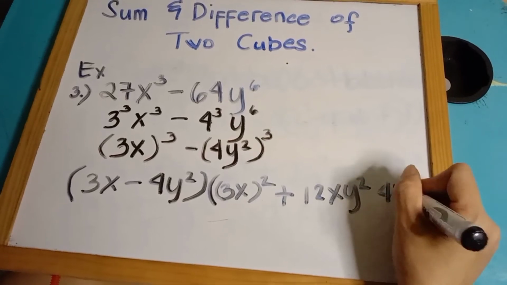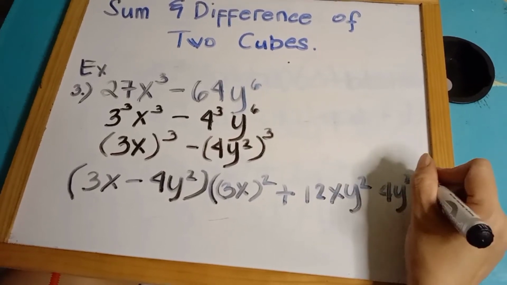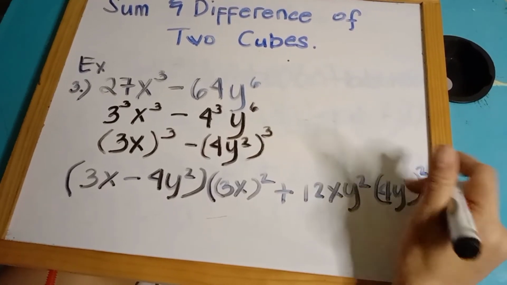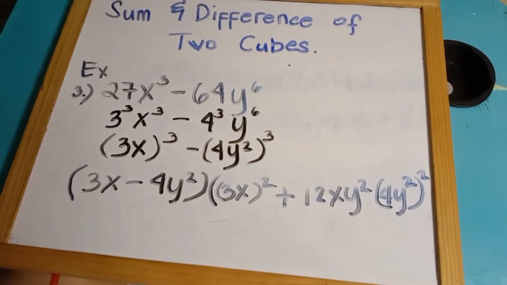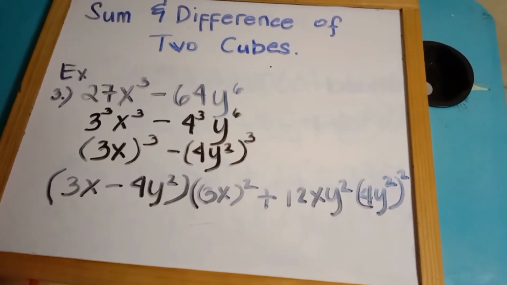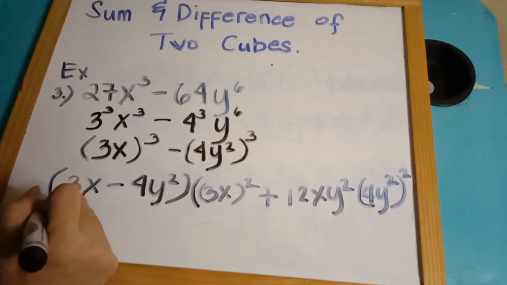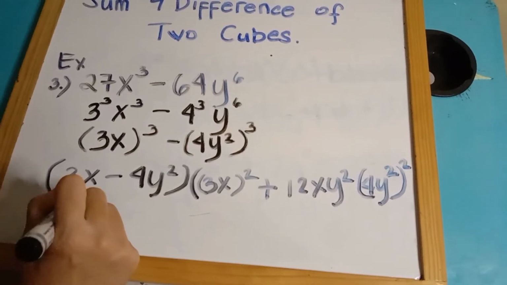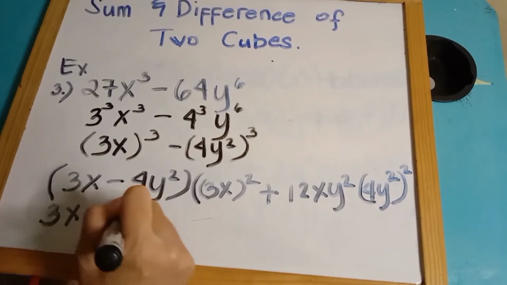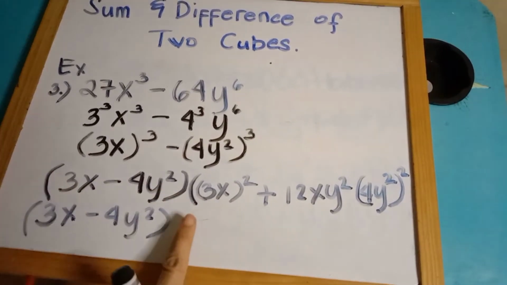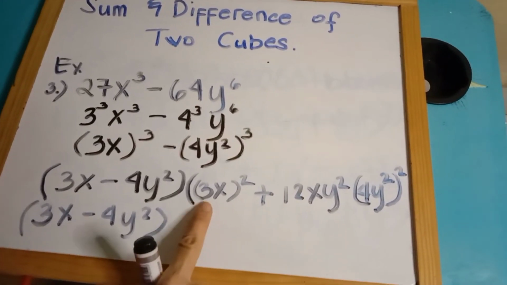So, 4y squared and then squared pa natin siya. Okay? So, let's now simplify. Let's just rewrite our first factor. 3x minus 4y squared.